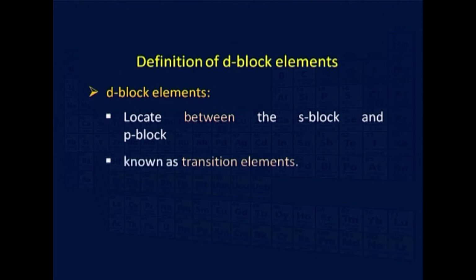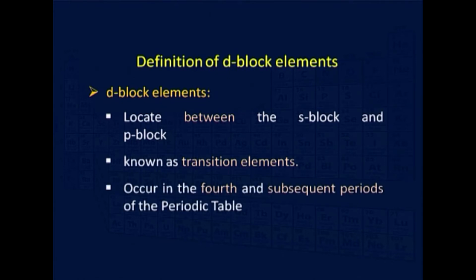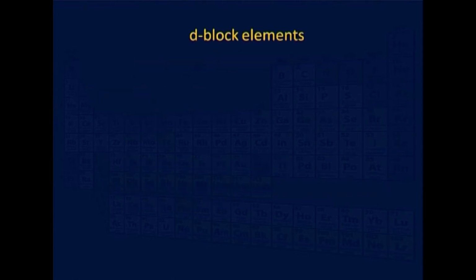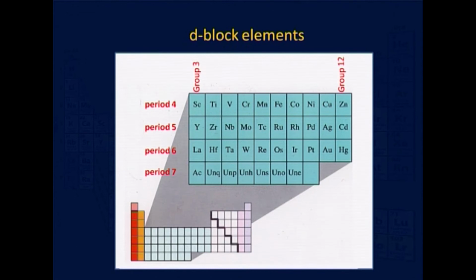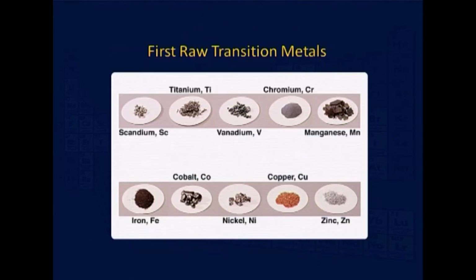It is not just the location of these elements within the periodic table that gives the name transition element, but according to the IUPAC definition, it requires at least one D electron in its electronic configuration. So, this is how the position of the transition series elements or D block elements lies in the periodic table, located between S and P block elements.